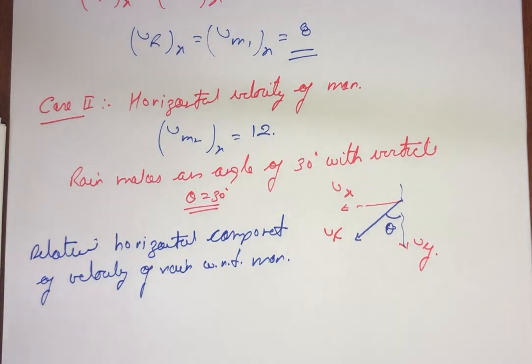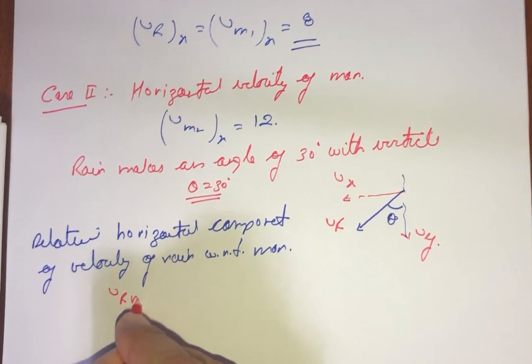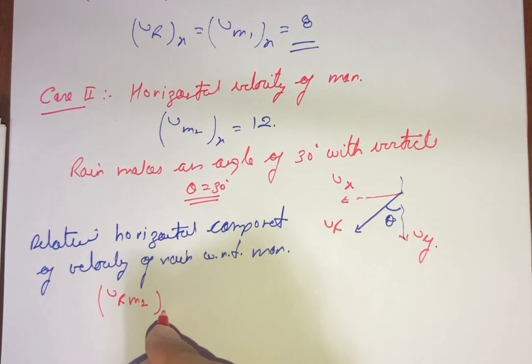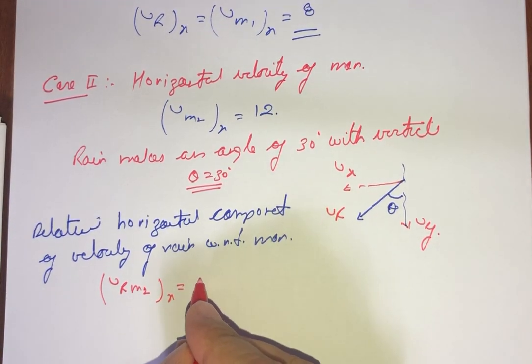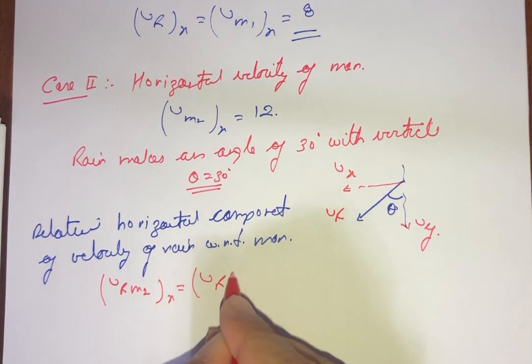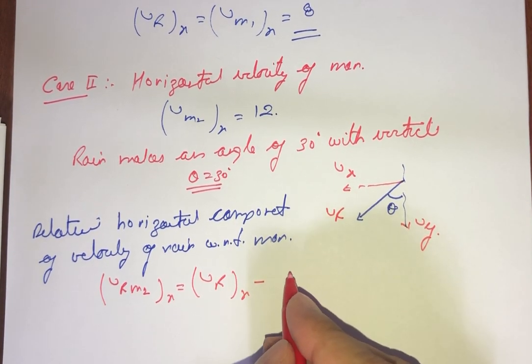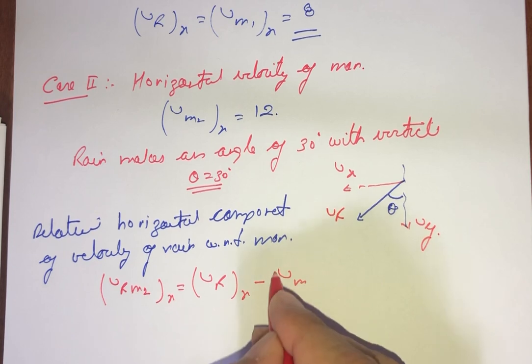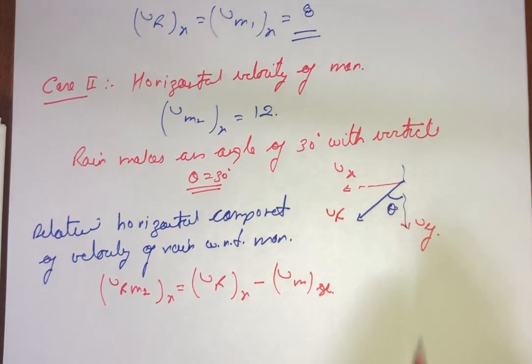This will be equal to VRM2 in x, which equals VR in x direction minus Vm in x direction.